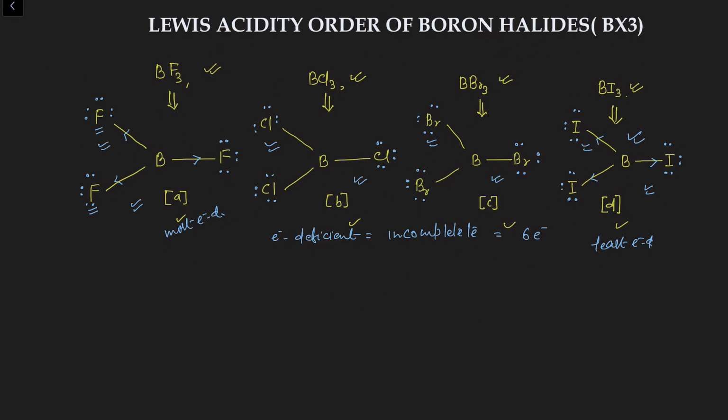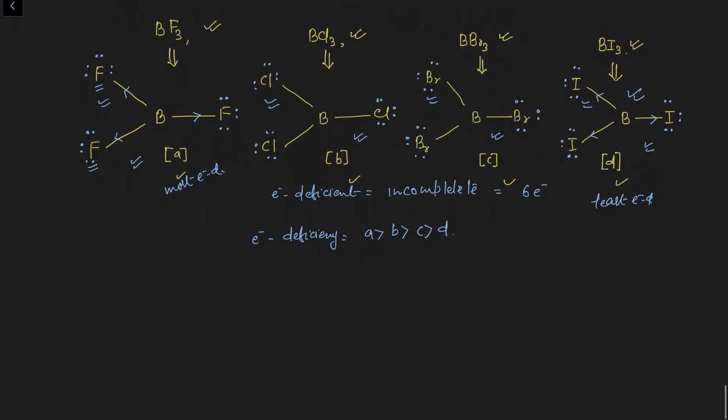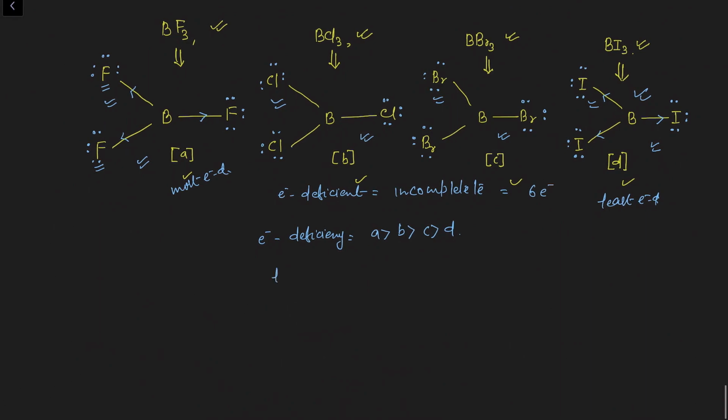On the basis of this observation, if you want to arrange these boron halides in order of electron deficiency, you will say A is more electron deficient than B, than C, than D. In the same way, in the order of Lewis acidic character, you will find A is a stronger acid than B, than C, than D.